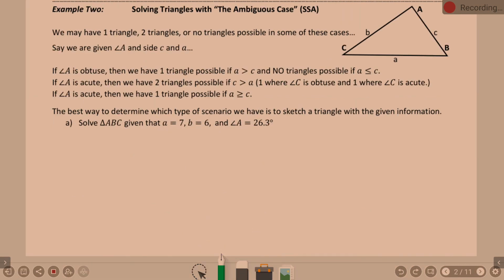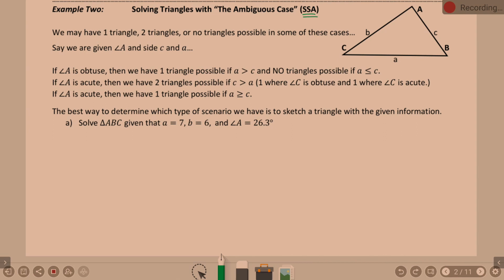So the situation that gets a little tricky is what they call the ambiguous case. And so this is your side-side angle case. So where they give you 2 sides followed by an angle right after those 2 sides. And it's the ambiguous case because it kind of depends on how the pieces of information are related to each other as to how many triangles there's going to be.